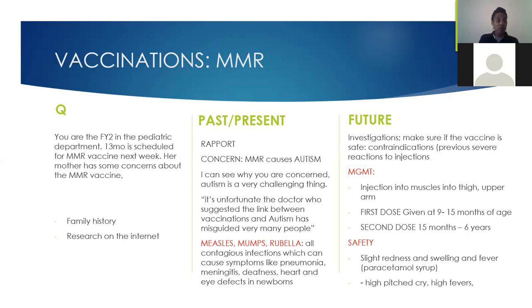I read online that autism is caused by MMR. There are so many videos on YouTube showing children who are very okay before they got the vaccination, and then now they are really having a big challenge with autism. Okay, so I see you have done a bit of research about this.